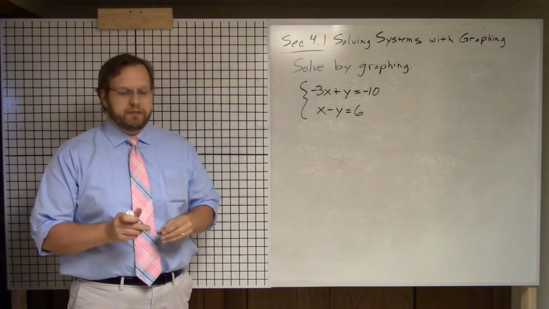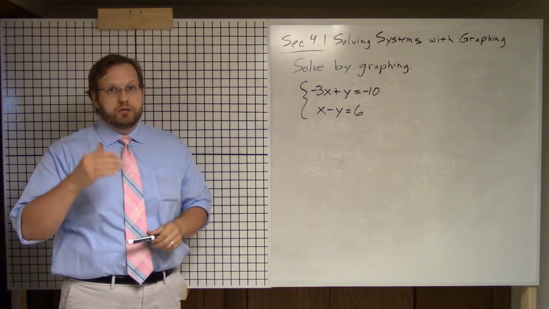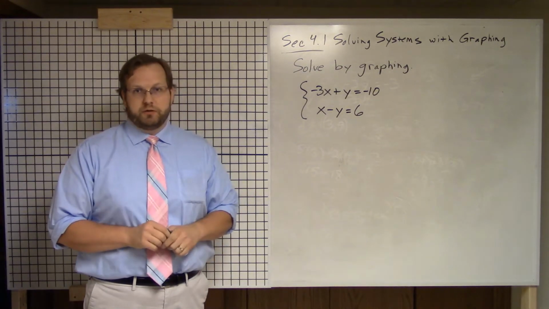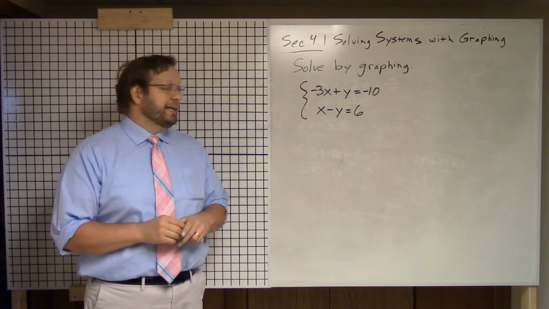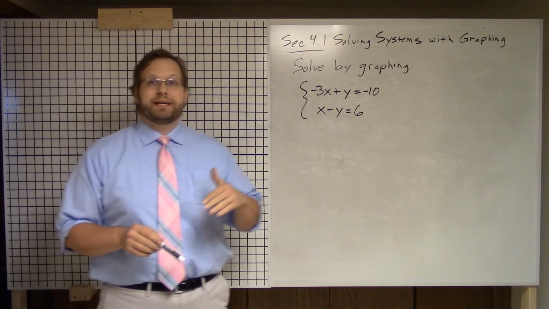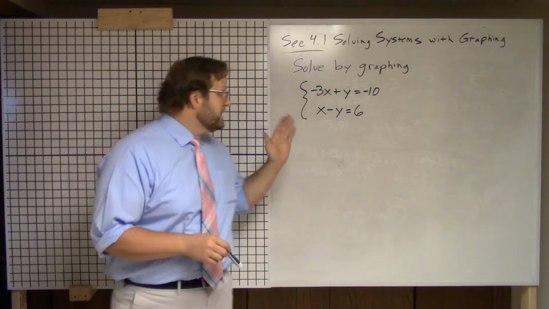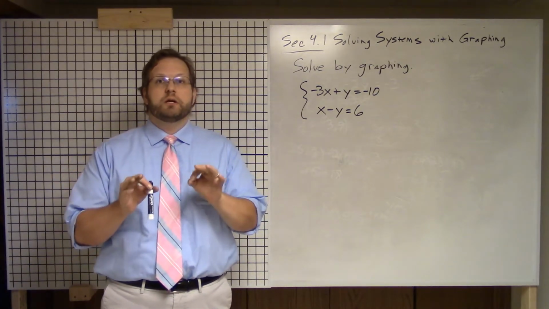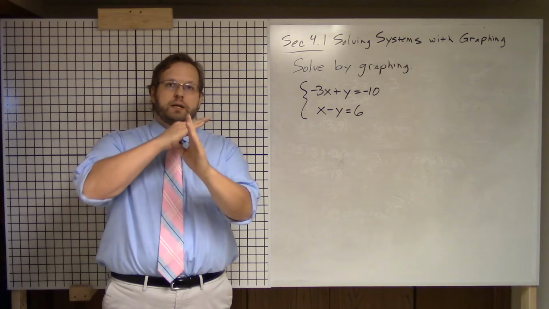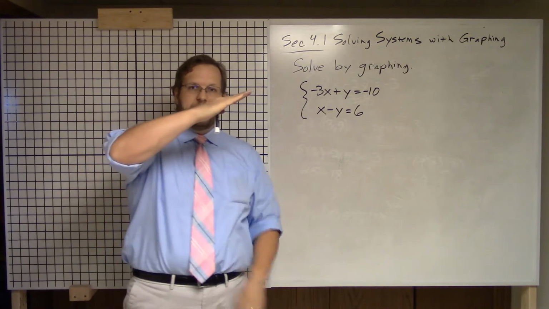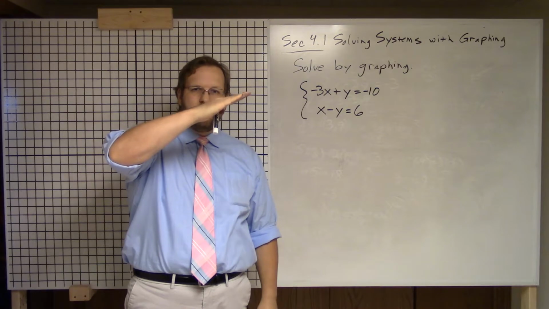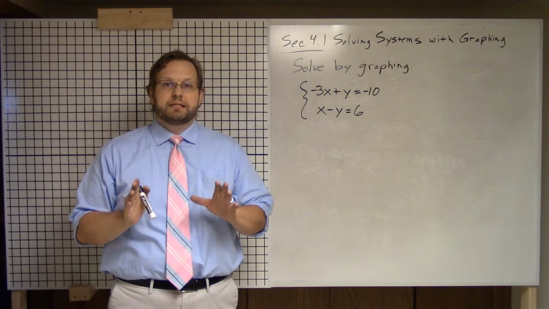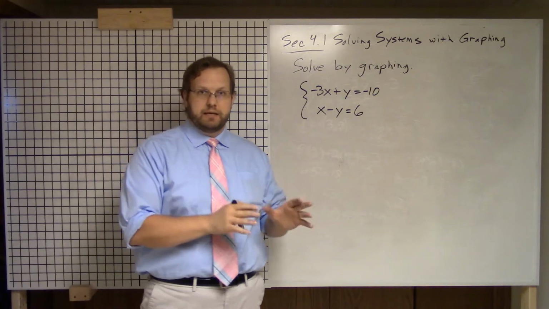We can graph these using a table of values, using intercepts, or using slope-intercept form. I would use slope-intercept form, simply because we can get a lot of points, therefore we get a more accurate line. These two equations need to be graphed very accurately because what we're going to be looking for is the point where they cross. And if I graph a line and I'm slightly off, that can throw off the entire answer. So I need to make these as accurate as I possibly can.